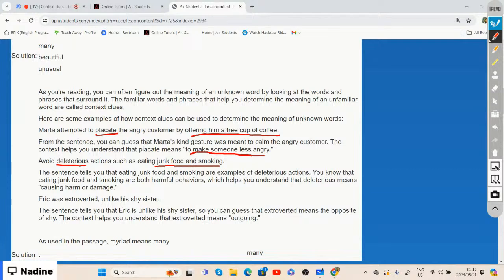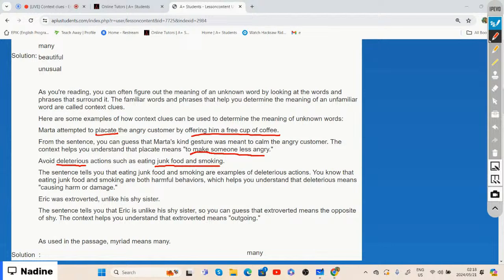All right, the next one says, Eric was extroverted, unlike his shy sister. So, Eric was extroverted, unlike his shy sister. All right.